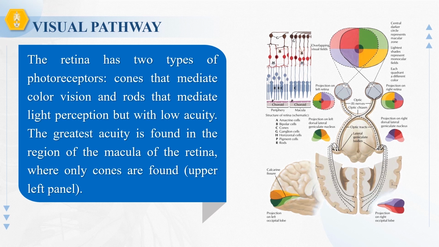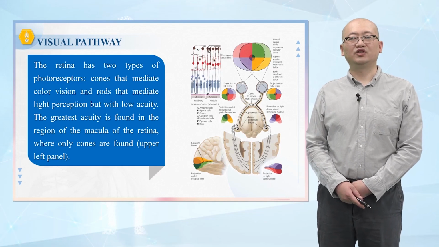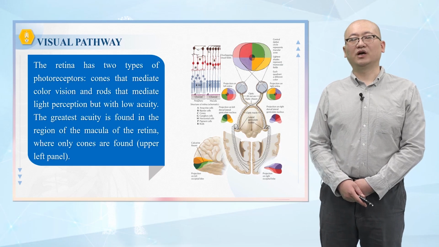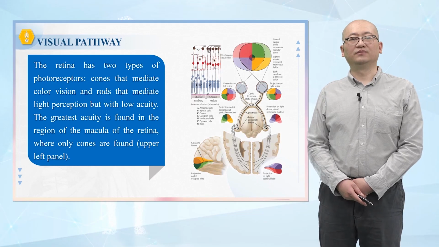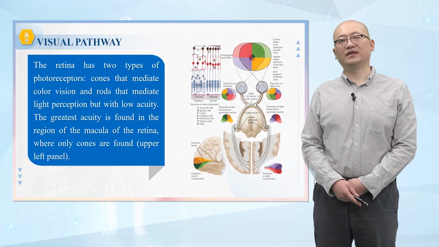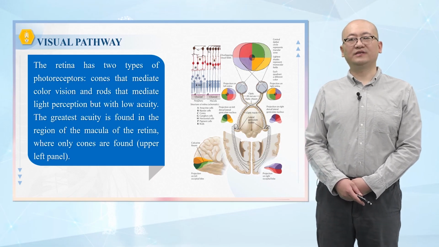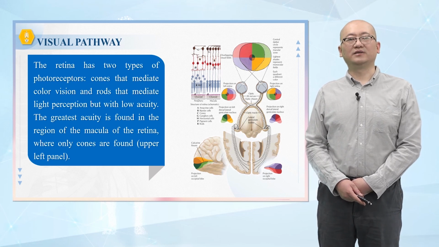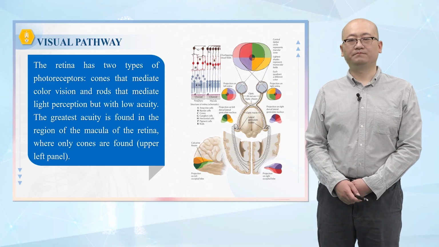The visual signals from the nasal retina cross at the optic chiasm, while information from the temporal retina remains in the ipsilateral optic tract. The fibers synapse in the lateral geniculate nuclei, where the visual field is topographically represented and inverted, and the signals are conveyed to the visual cortex in the occipital lobe.